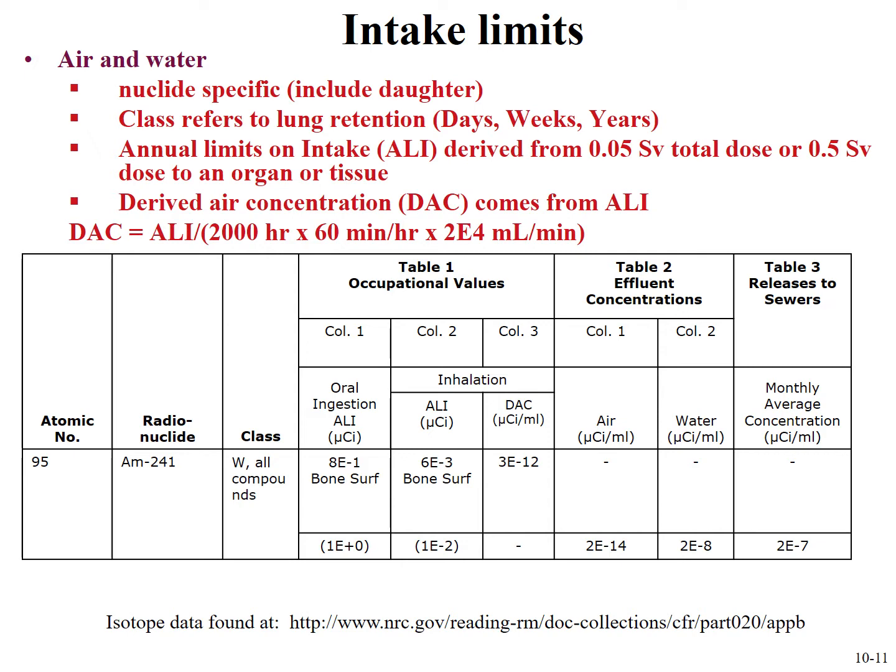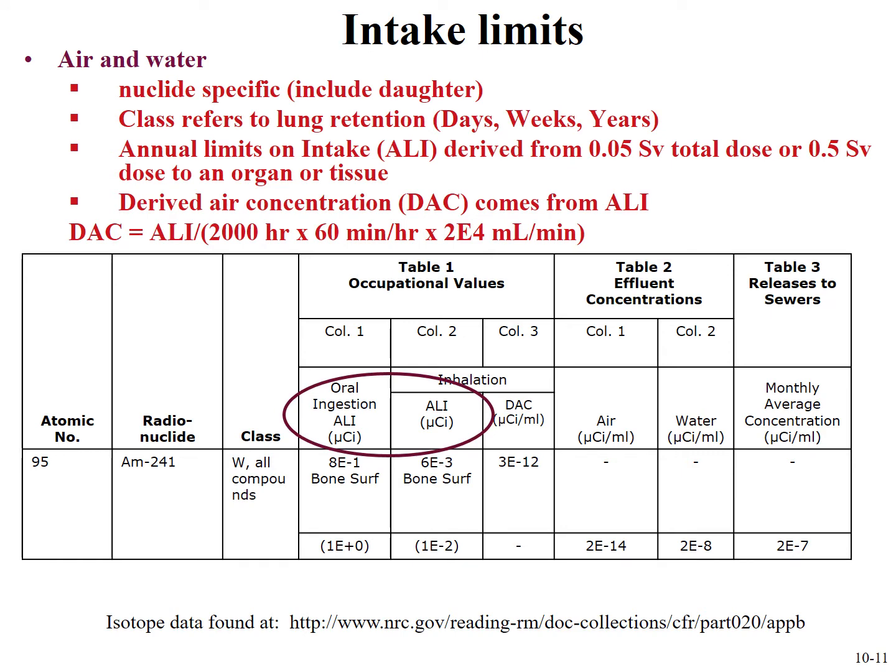There's two data sets one needs to evaluate. The annual limits on intake is derived based upon a dose received of 0.05 sievert from a given radionuclide. The ALIs, as they're called, the annual limit on intake, is listed here.